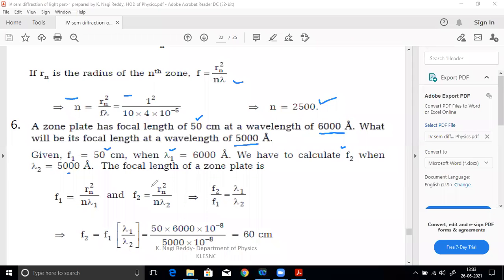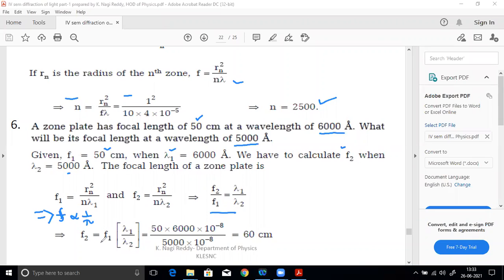This implies that they are inversely proportional. With respect to the wavelength, with radius and n constant, the focal length f is inversely proportional to wavelength. So f2 by f1 is equal to lambda 1 by lambda 2, because they are inversely proportional.